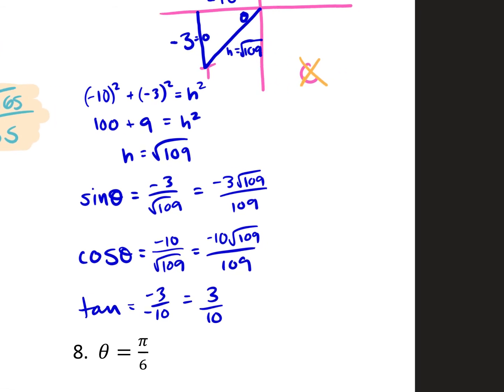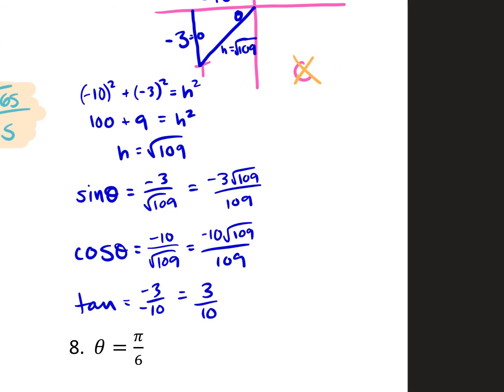And then we need our reciprocal functions. So cosecant would be next. We just flip it, so that would be square root 109 over negative 3. Secant would be square root 109 over negative 10. And then cotangent was given to us.